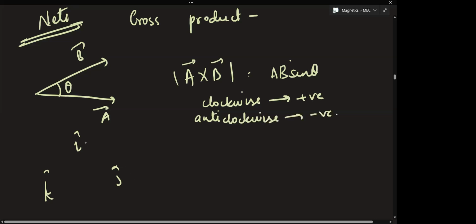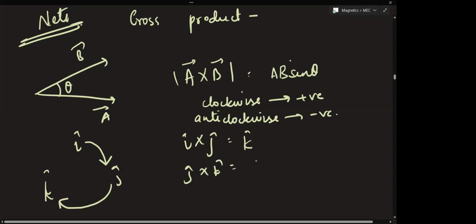Let's start moving clockwise. i to j: i cap cross j cap gives the leftover, k cap, and since we are moving clockwise, it will be positive. Now from j to k: j cap cross k cap, what is left? The third one, i cap, and since we are moving clockwise, it will be positive. Now k cap cross i cap, whatever is left, j cap, so this will be positive.